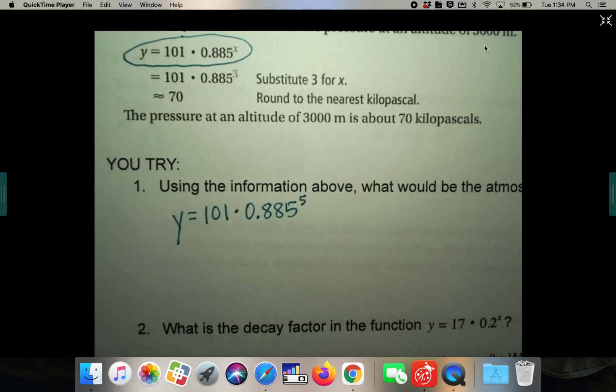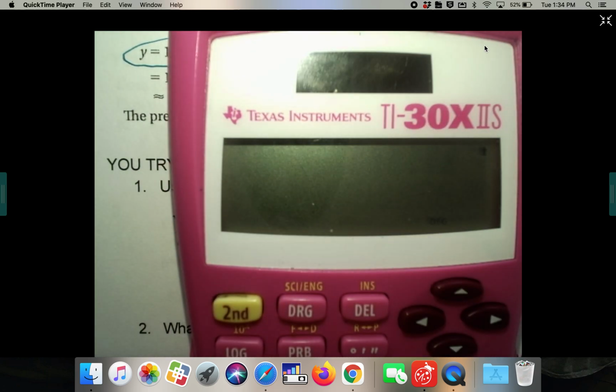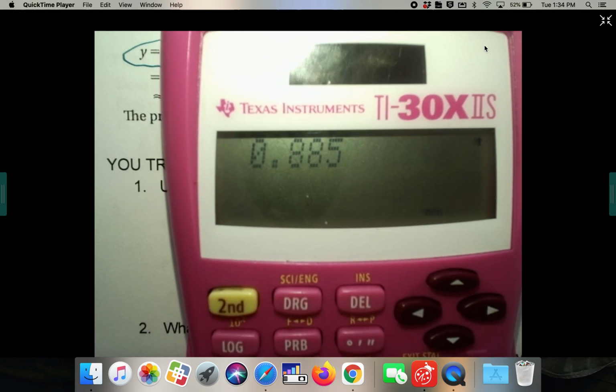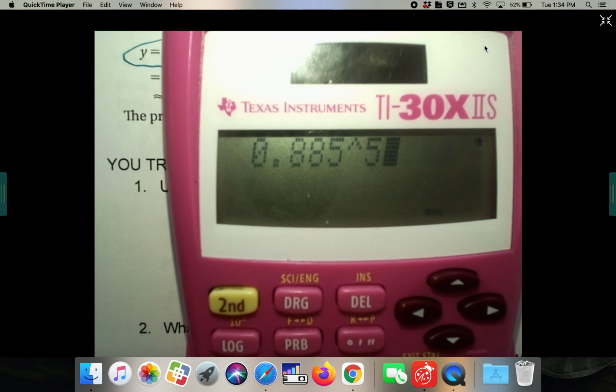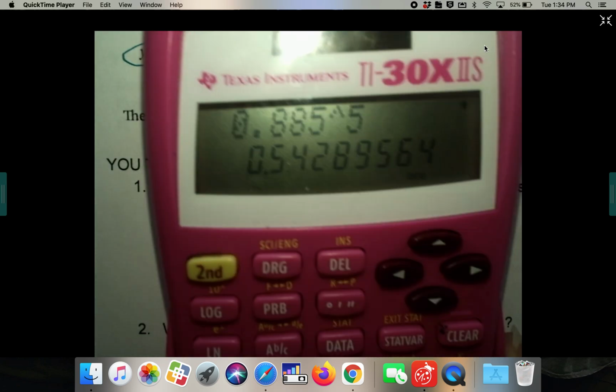So good thing I'm going to use my calculator. You have to do order of operations, so this number exponent first. 0.885 raised to the 5th power equals a big number. And I'm going to leave that on the screen because now I'm going to multiply it times 101.